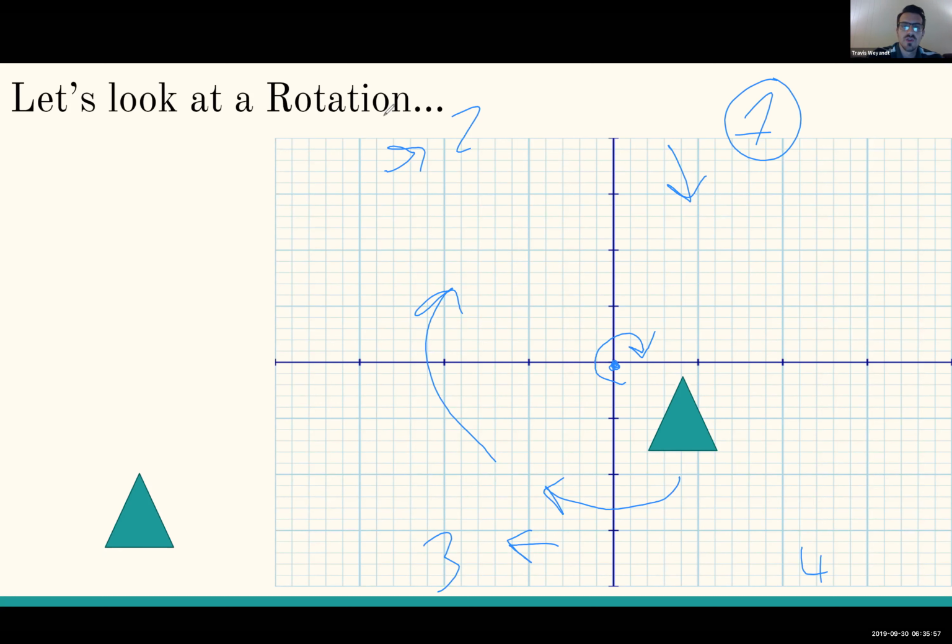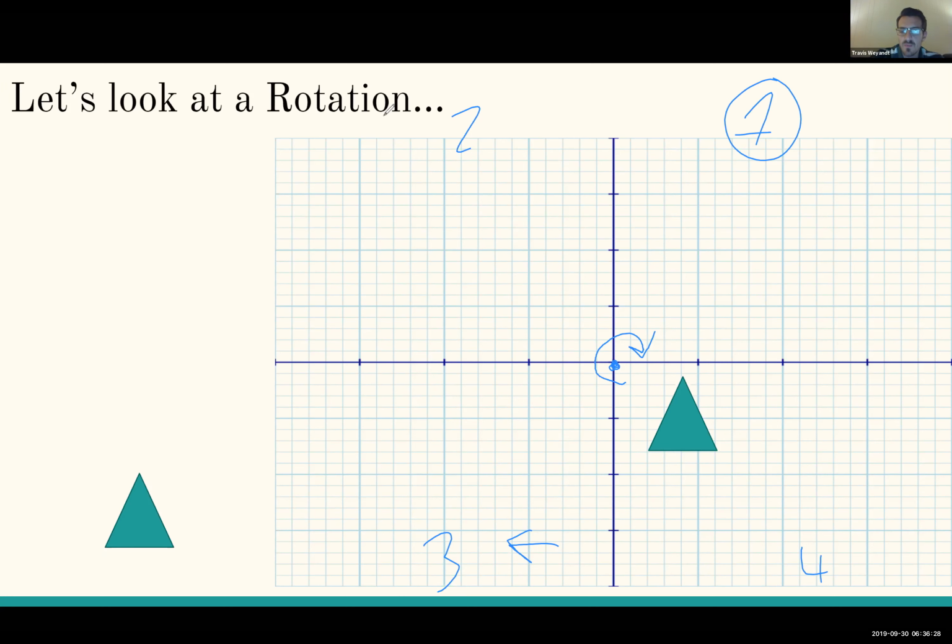So we can use this knowledge to determine what quadrant it falls in, to be able to use those positive and negative signs to change the coordinates so it rotates successfully where it needs to. So if I look at this first figure, what were the coordinates of this first figure? Hopefully we can establish what they were.